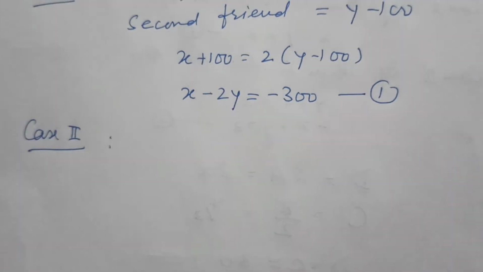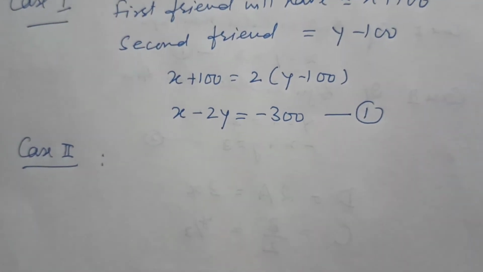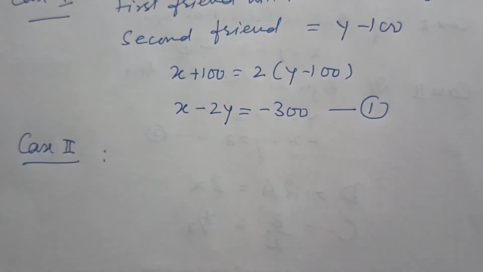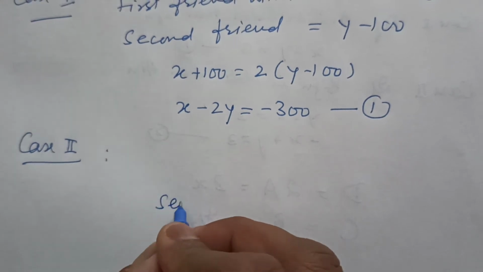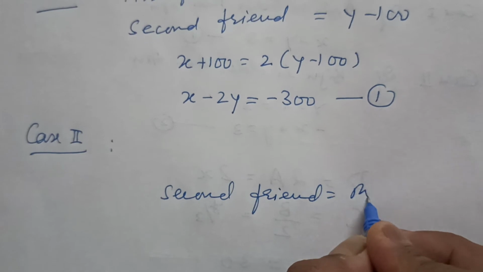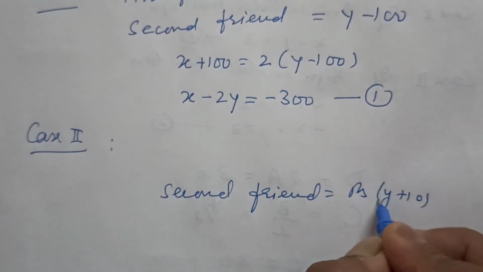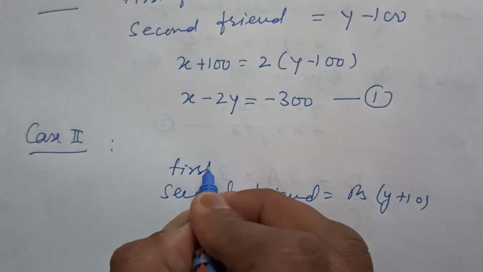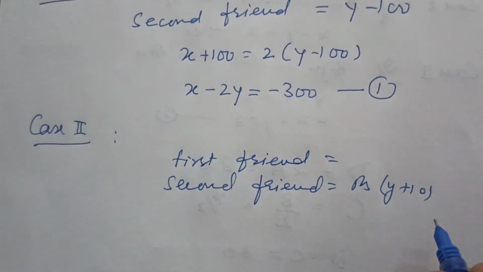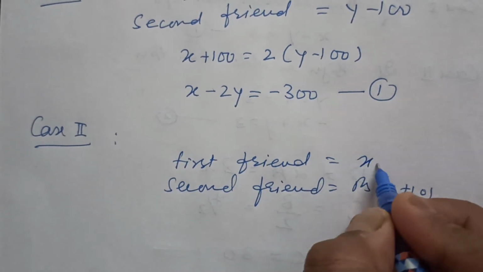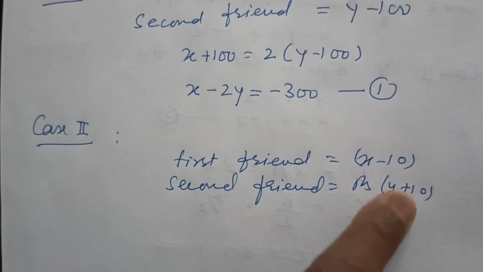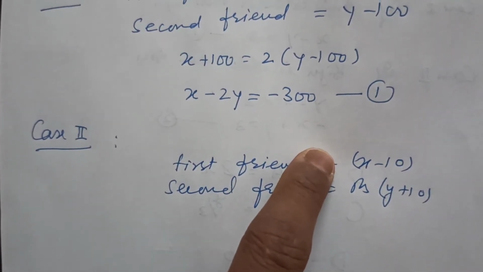Now case 2. Case 2 says, the second friend says, if you give me 10. So the second friend will have rupees y plus 10, because he is asking to give 10 rupees to him. Then what will happen to the first friend? The first friend will have x minus 10. So second friend has got y plus 10, first friend has got x minus 10.